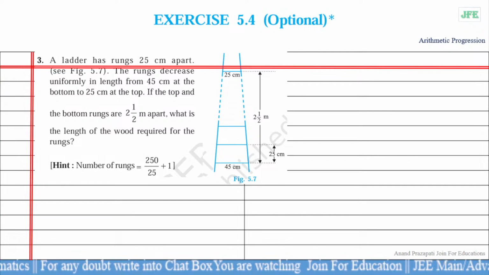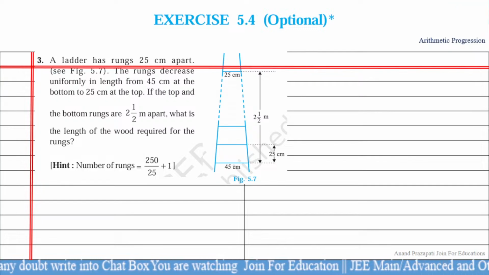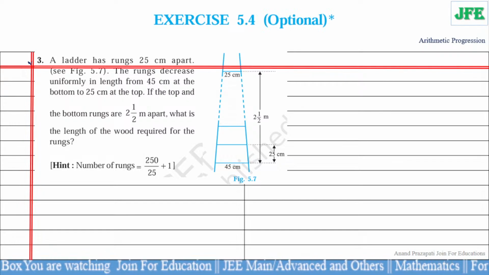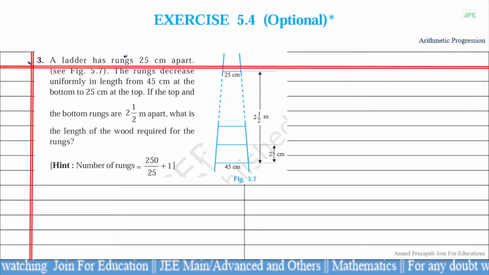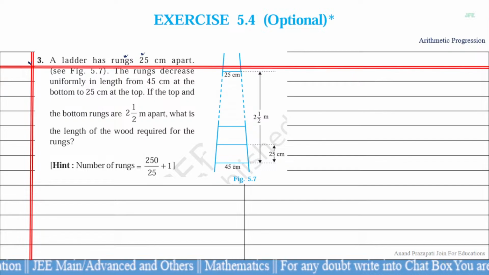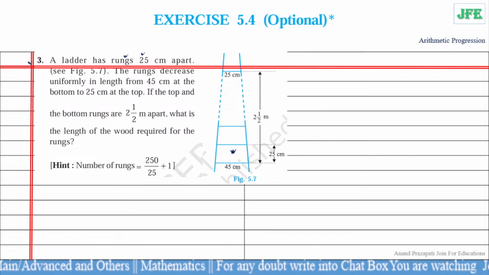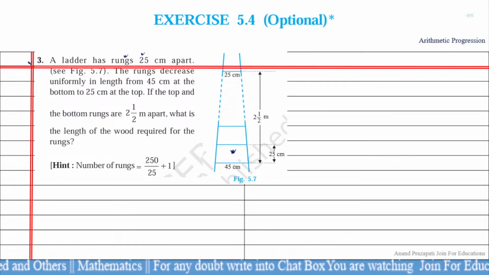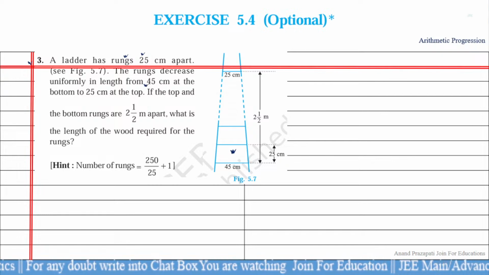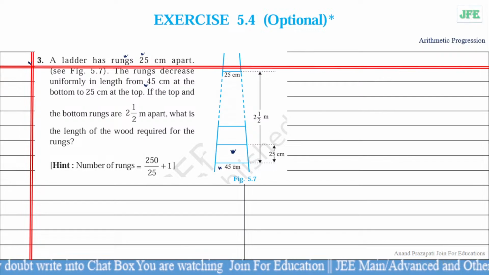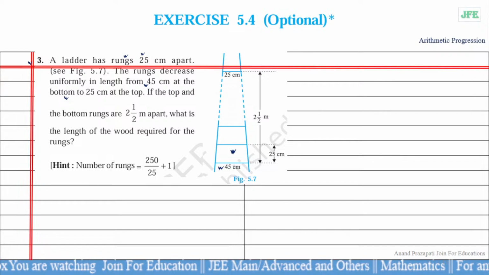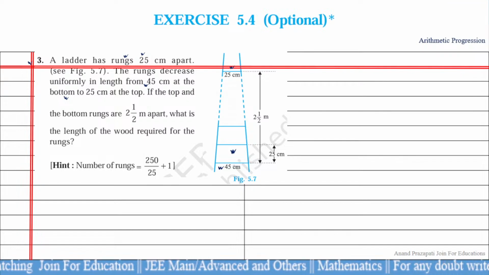Let's see the question number 3 of exercise 5.4. A ladder has rungs 25 centimeter apart. See in figure 5.7. The rungs decrease uniformly in length from 45 centimeter at the bottom to 25 centimeter at the top.